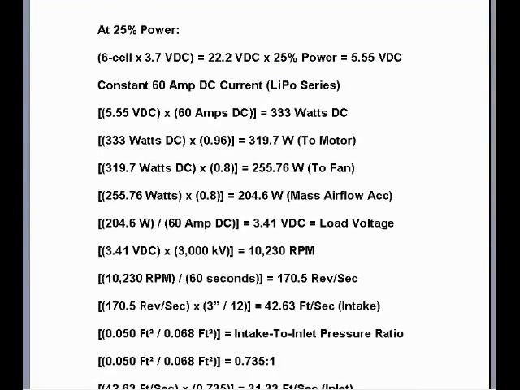And again, we repeat the process by taking the max available voltage times 25% power, or 0.25.